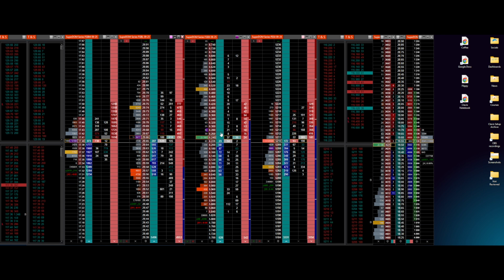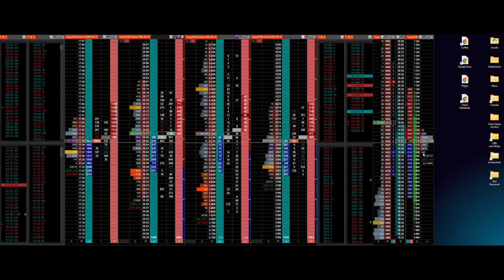This is my field of vision, at least what I keep in my sights, and these all happen in the peripheral view. So if something happens here, or we get some big orders coming in on one of these two, I can see it right in my peripheral view. And this is like an overview. These are correlated markets that I try to look at to get an understanding of where the higher time frame is.